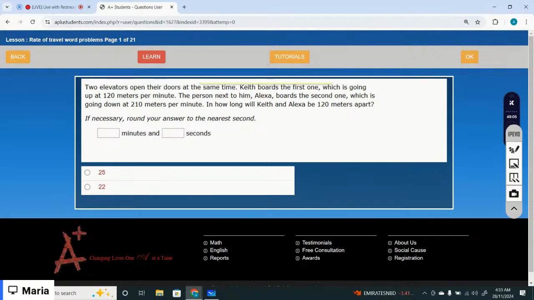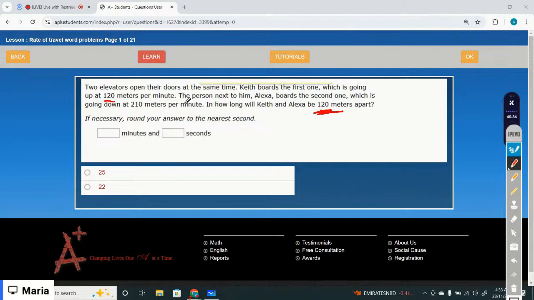Okay, so the distance to be covered is 120 meters per minute, right? So Keith's rate is 120 meters per minute. No, the distance you have to cover is in how long will Keith and Alexa be 120 meters apart?